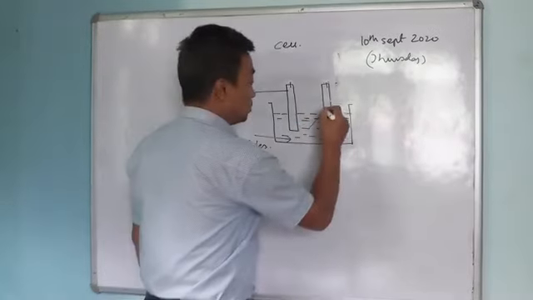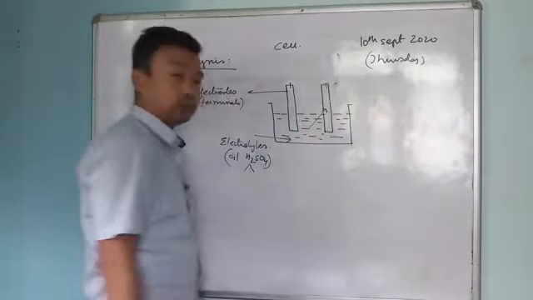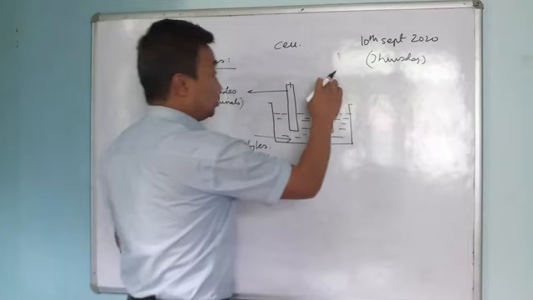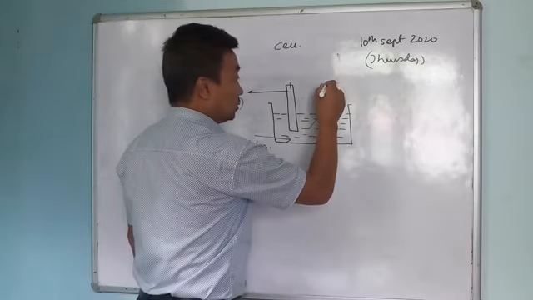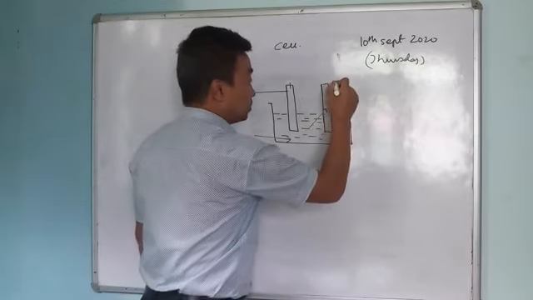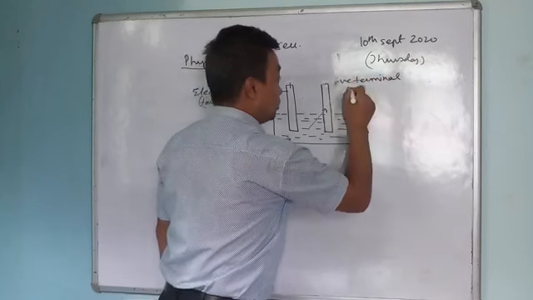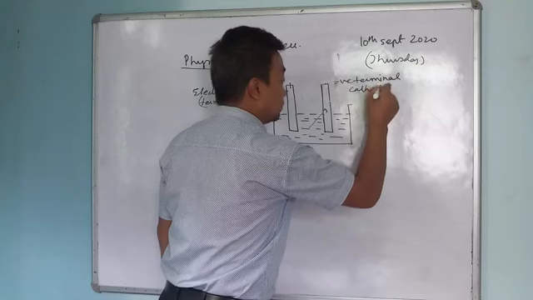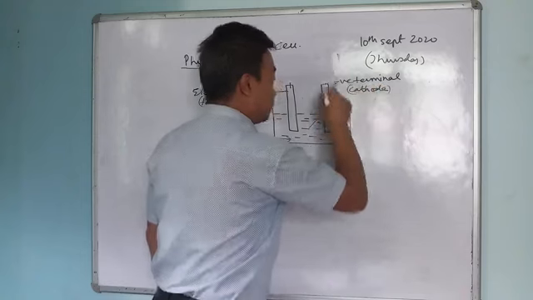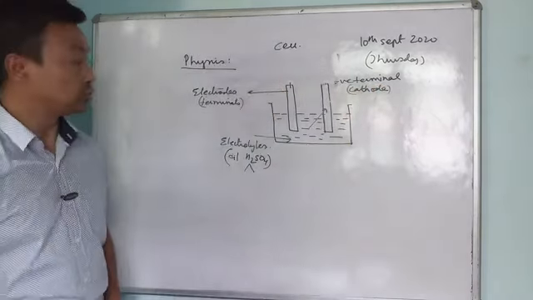The negative ions will move towards the zinc electrode, which will be known as the negative terminal, or we also term it the cathode. It is full of negative charge, that means it has an excess of electrons.